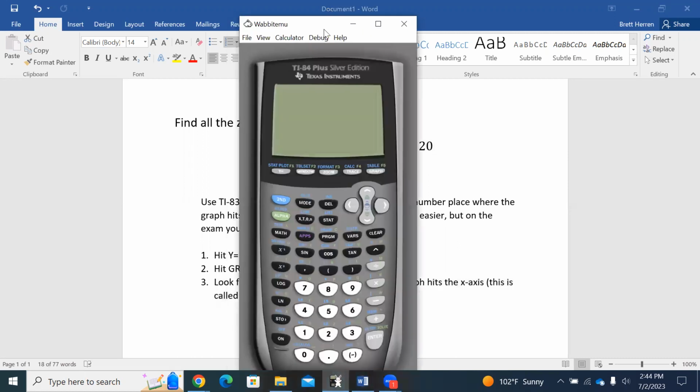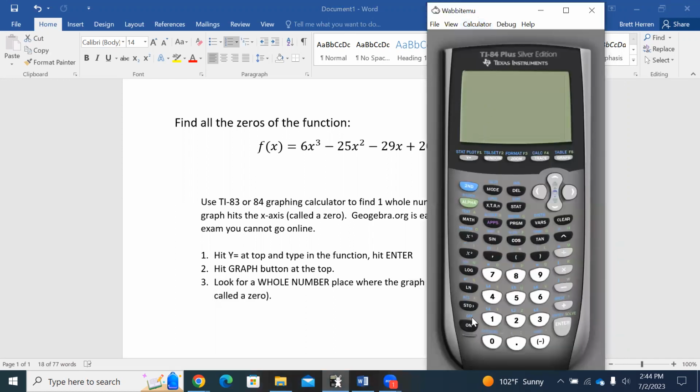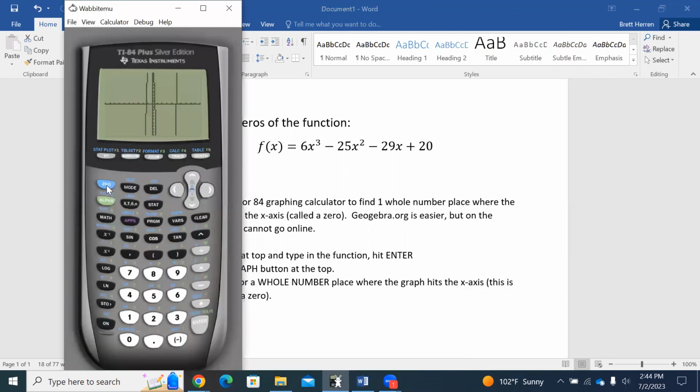There it is. In fact, I can put it right here. So here's my calculator, and I'm going to turn it on first off. There we go. I'm hitting the on button. Here, let me clear what I have on the screen.